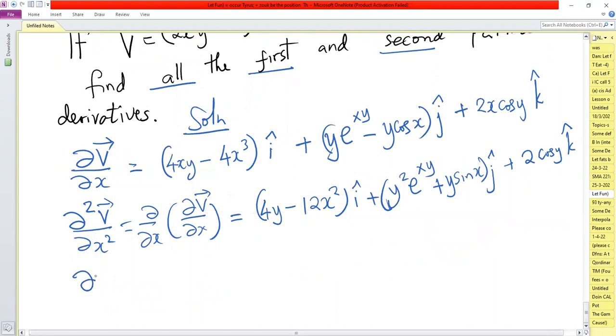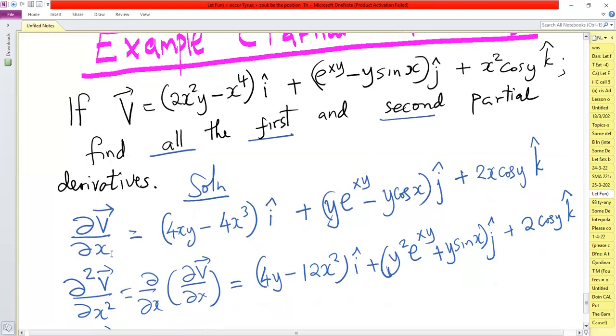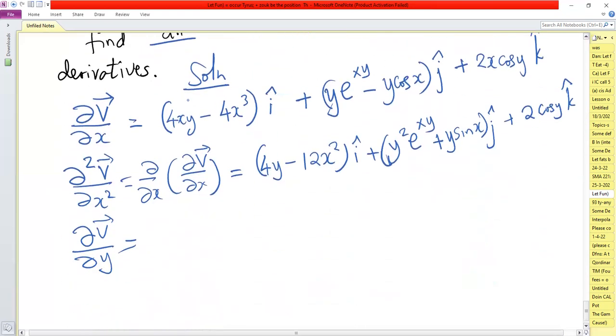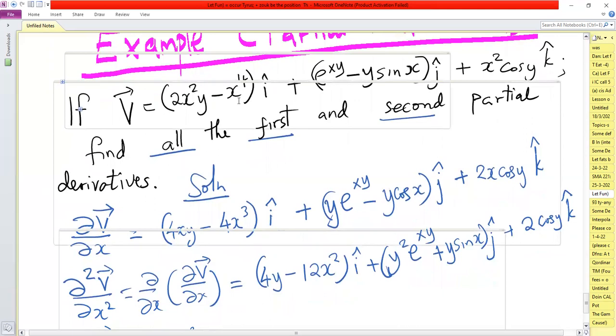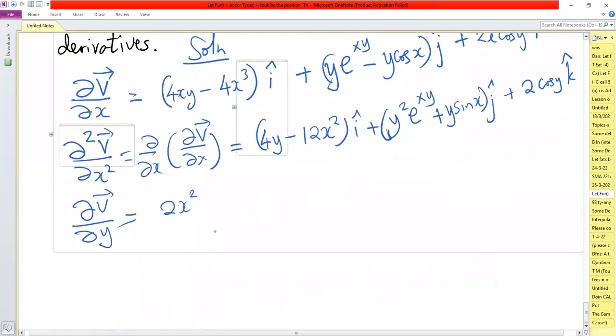Next, partial v partial y. This first term will give us 2x squared. And then because this doesn't have a y, it will be just 0, so this will be the only component of i.